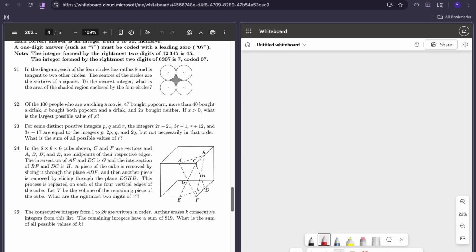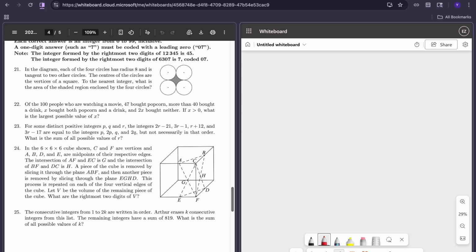Meanwhile, triangle ACG is similar to triangle GEF, because EF is equal to AC, and since this is a cube, AC is parallel to EF, which means angle ACE is equal to angle CEF.